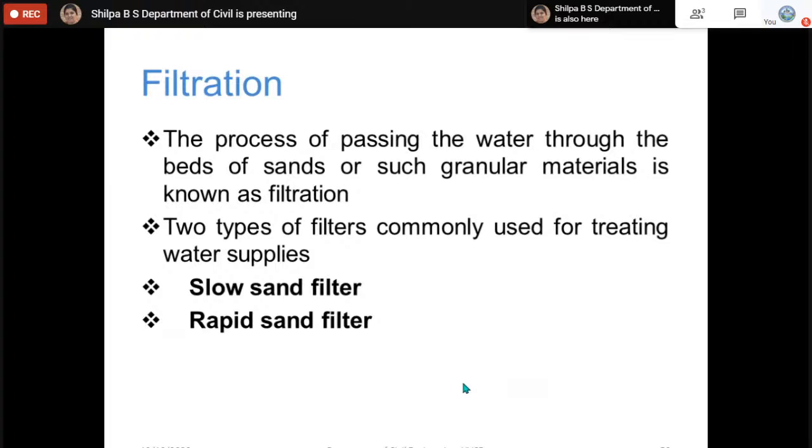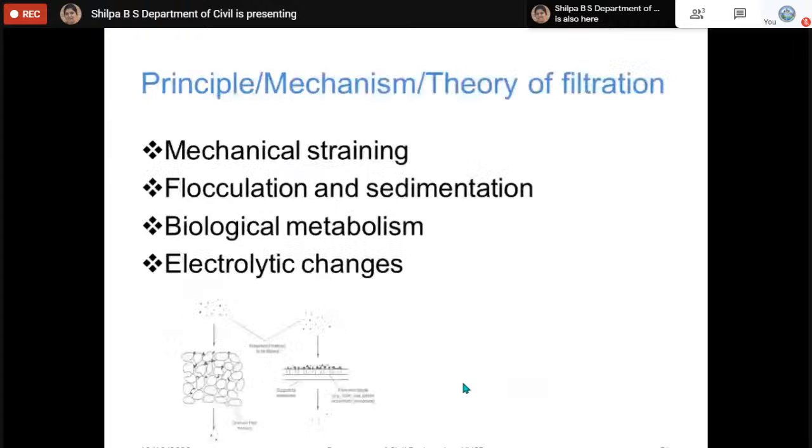So the filtration mechanism mainly consists of mechanical straining, flocculation and sedimentation, biological metabolism and electrolytic changes. That means when we pass the water through the filter, there will be small pores.